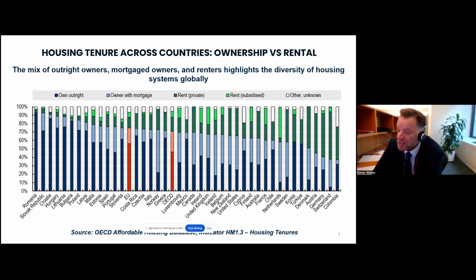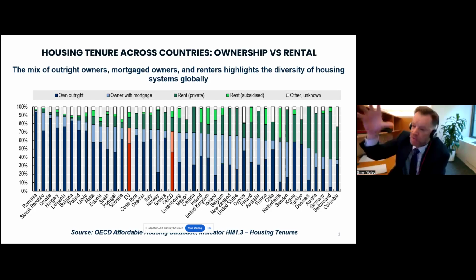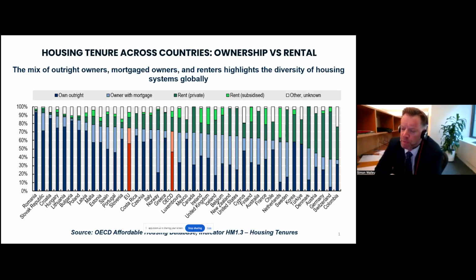The story that isn't told in those numbers, though, is that there's actually pretty large rental sectors in Romania and Ukraine, but again, in this informal grey area, which means it's very difficult to regulate, it's very difficult to tax, and it's outside of the ambit of government policy in that sense.